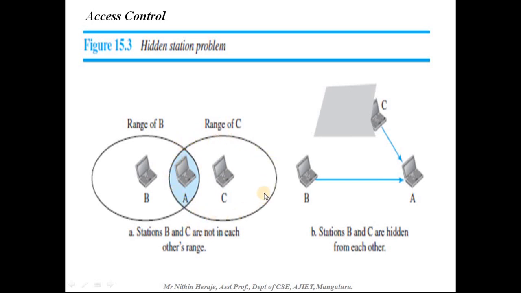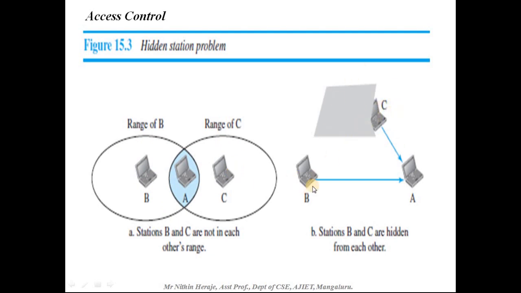This is the range of C, wherein within its range it has only A. That means C knows that in its range it has only node A. But on the other side, even B has a certain range, and B includes only A within its range, which means that C does not know the presence of B, and B does not know the presence of C.